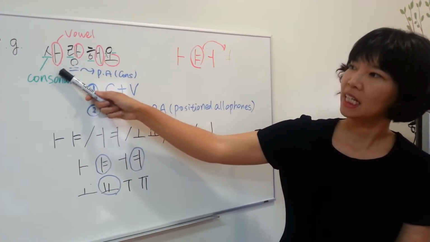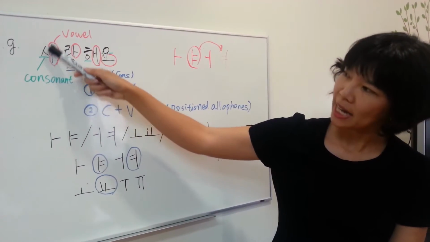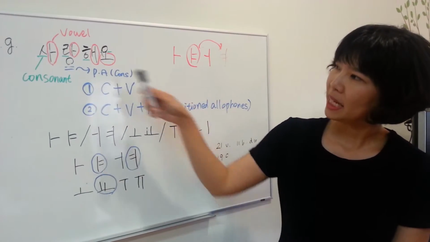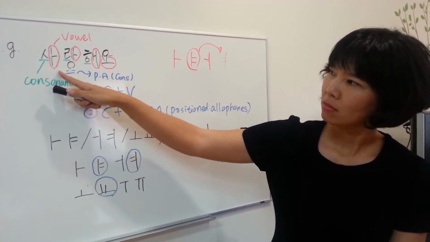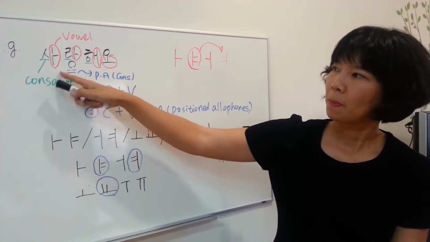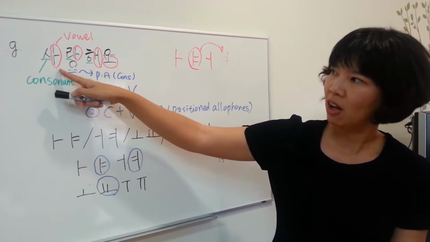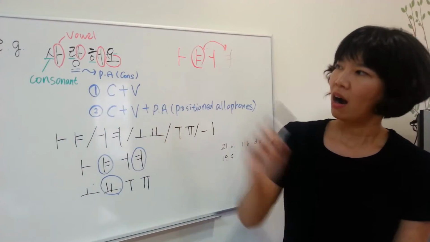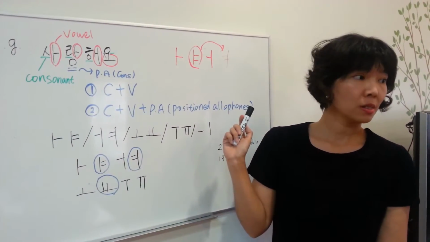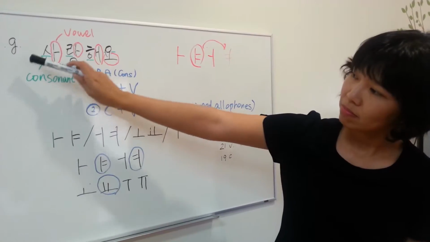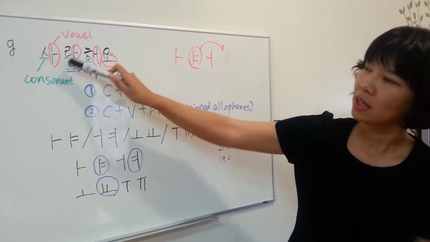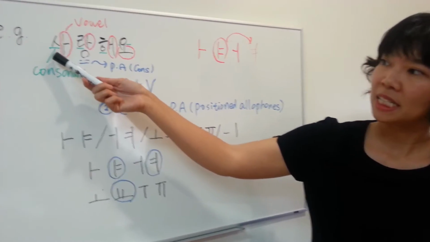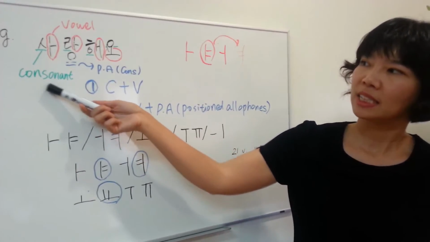As you can see, the vowels in the red color, like a, yo, are Korean vowels, and the consonant in green of each syllable is the consonant.